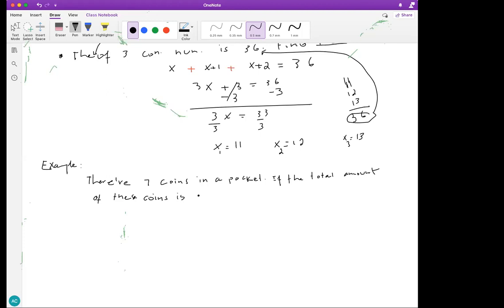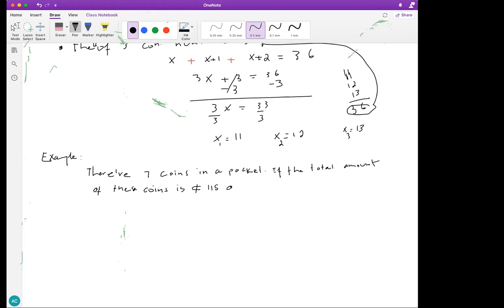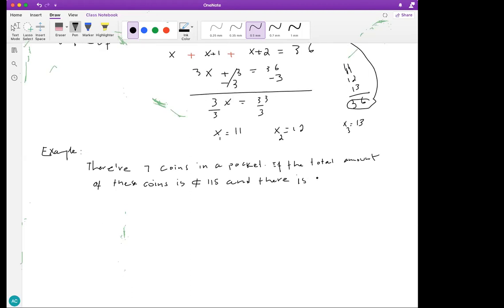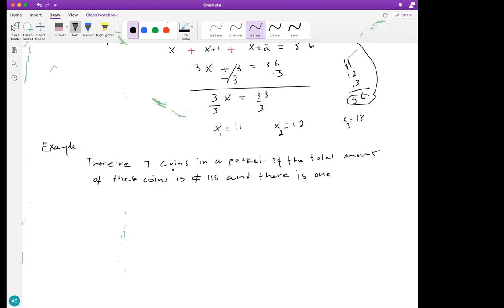If we have a total of 115 cents, and let's say there are 7 coins.